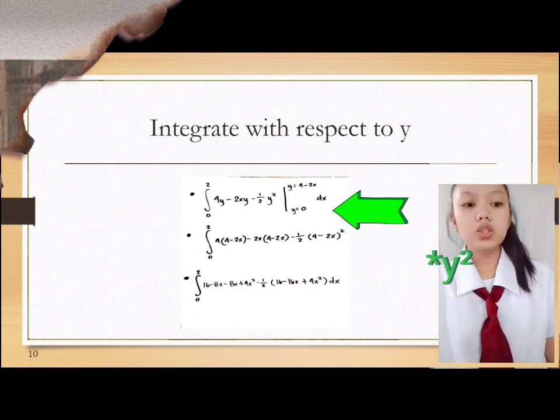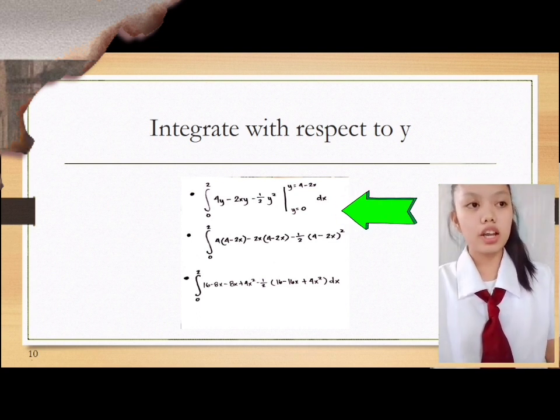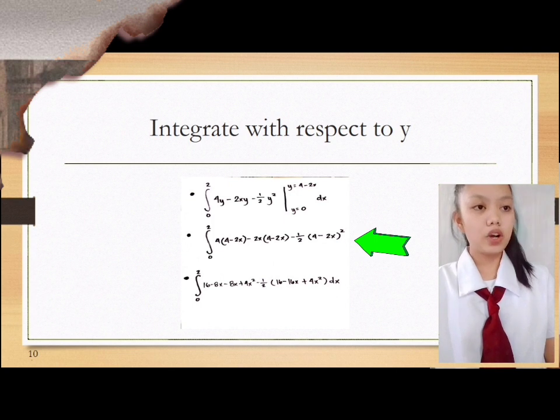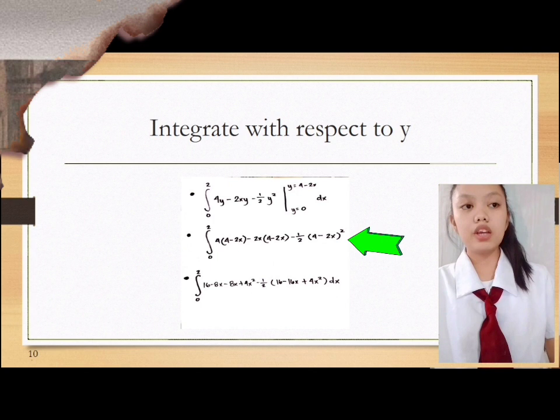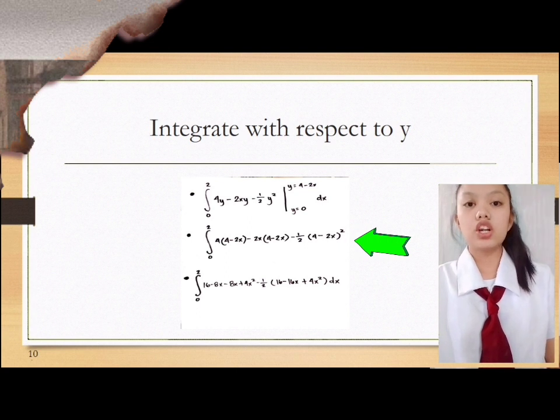So we need to substitute the 4 minus 2x for y. So we have 4 times (4 minus 2x) minus 2x times (4 minus 2x), then minus 1/2 times (4 minus 2x) squared.